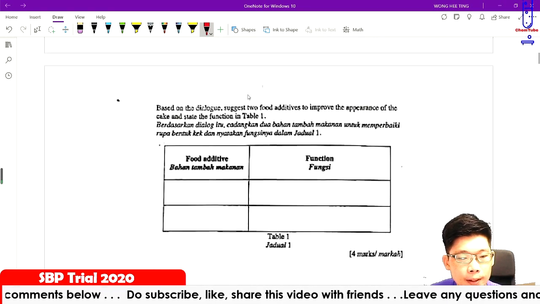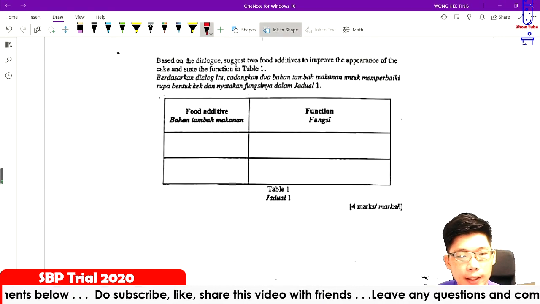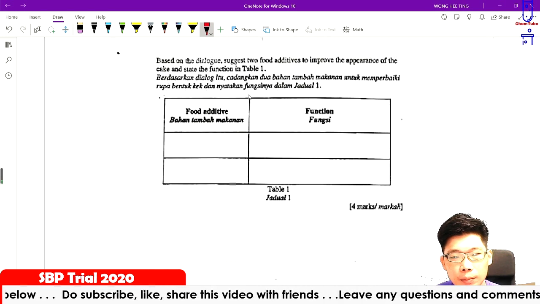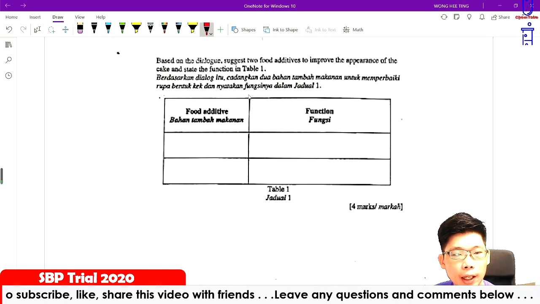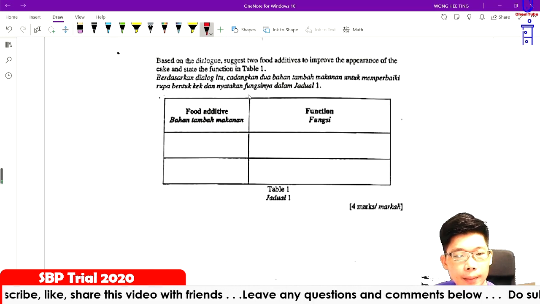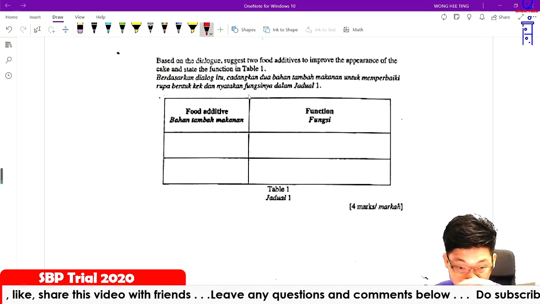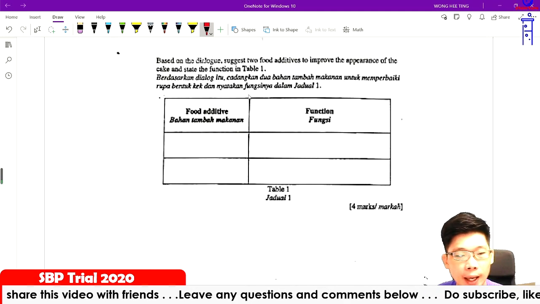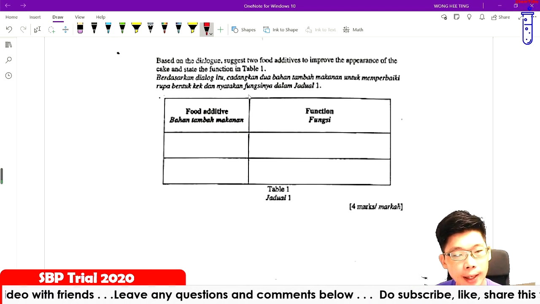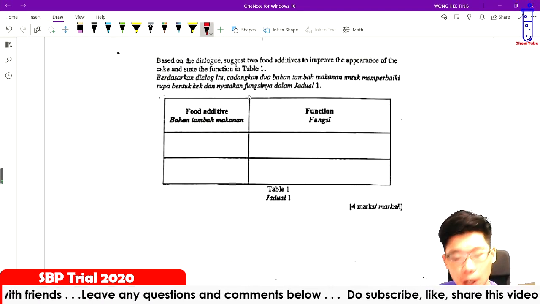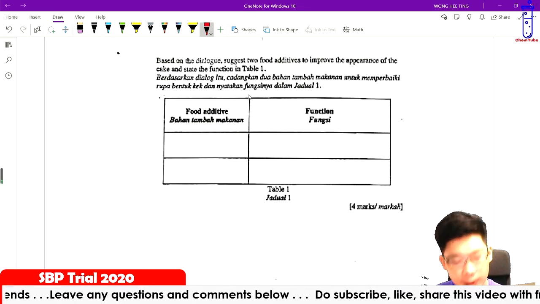Based on the dialogue, suggest 2 food additives to improve the appearance of the cake and state the function in table 1. So there are 2 food additives that can be added into the cake to improve the texture and make it more attractive.